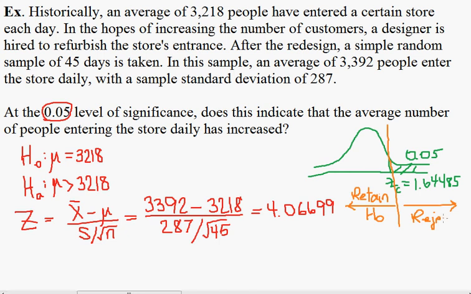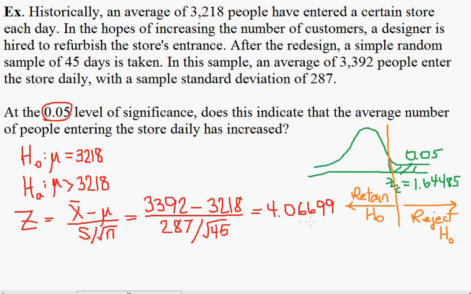In other words, I got a test statistic that is so large that I don't think it's plausible for the null hypothesis to be true, and so I decide to reject the null hypothesis in favor of the alternative hypothesis. So the critical value determines my cutoff for making that decision.